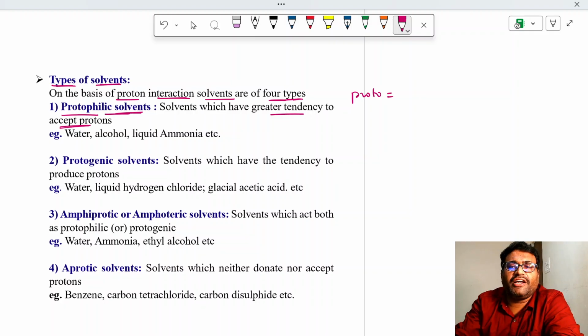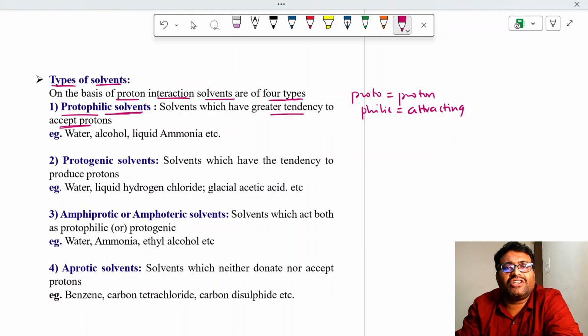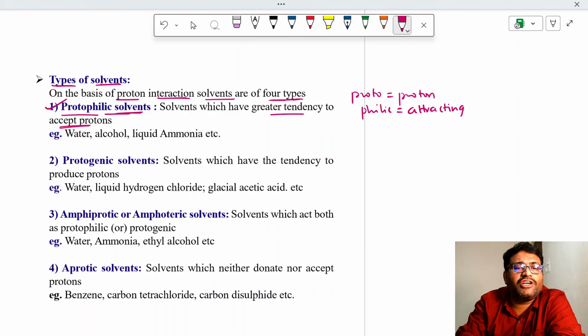Proto here means proton. Philic means attracting, so proton attracting species. The solvent can attract a proton, take a proton, accept a proton. Such solvents are called protophilic solvents.